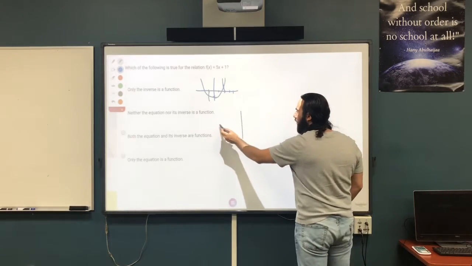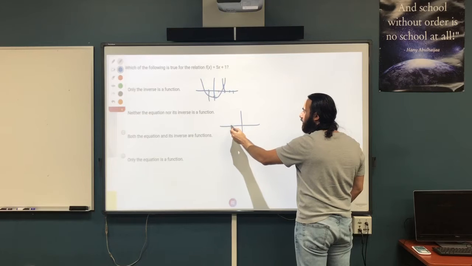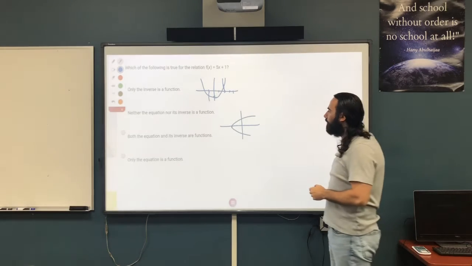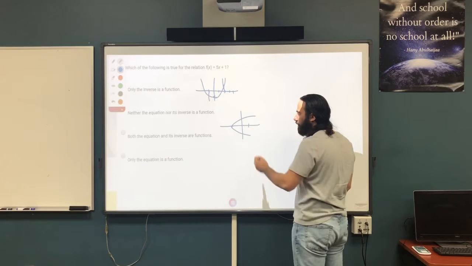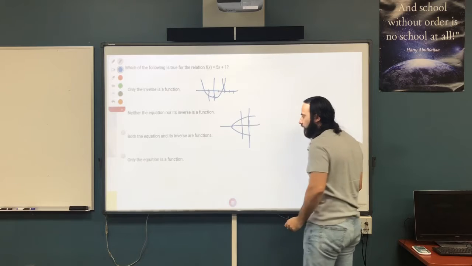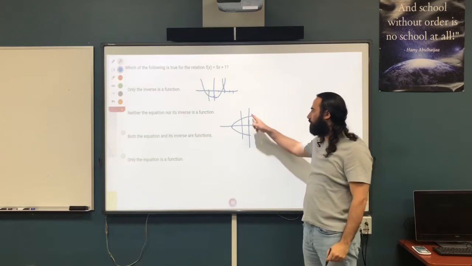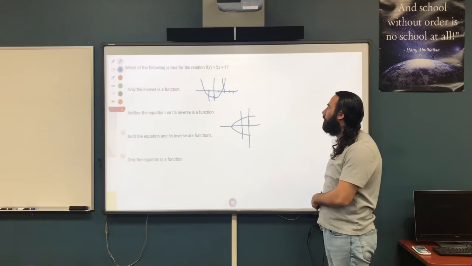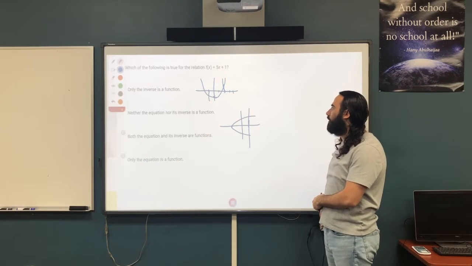But if we have a graph, for example, like this one, now if you go to the value x, it doesn't matter what the value is. If you draw a line, it will cut the graph in two different places, and that makes it not a function.